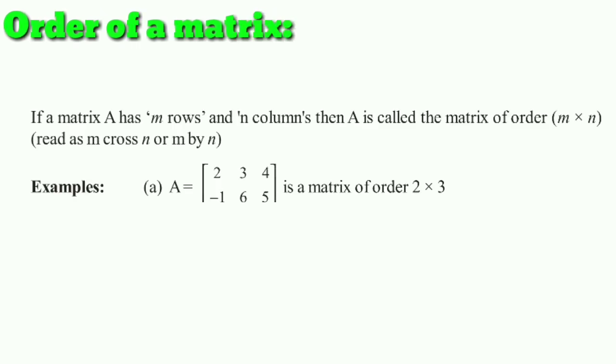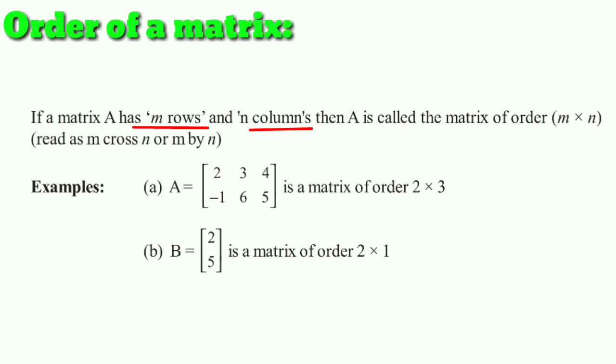Order of a matrix. If a matrix A has m rows and n columns, then A is called a matrix of order m cross n. Example, A is equal to, I read the elements row-wise, [2, 3, 4; -1, 6, 5] is a matrix of order 2 cross 3, which means here we can see 2 rows and 3 columns.